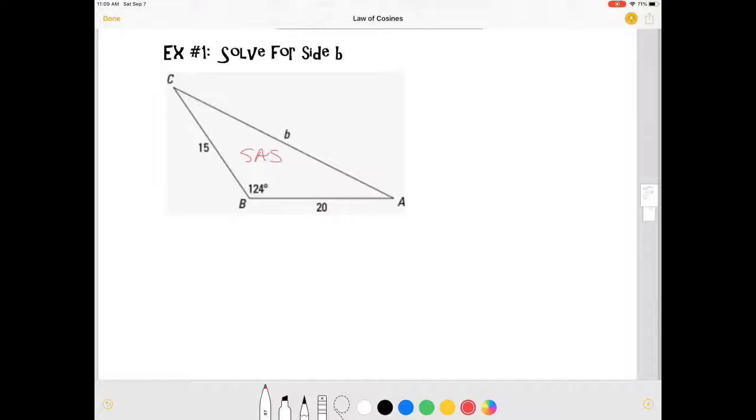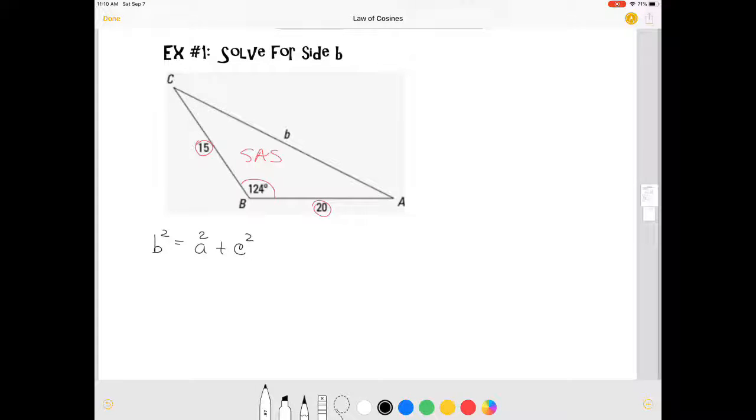All right, and that's because I know this side and that side, and I know the angle B, which is included between the 15 and the 20. So that is side, angle, side. All right, now, I don't know angle C and I don't know angle A. Since I know angle B, I'm going to use the second formula in the law of cosines.